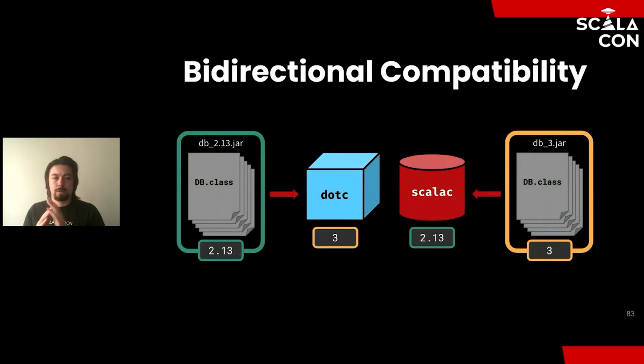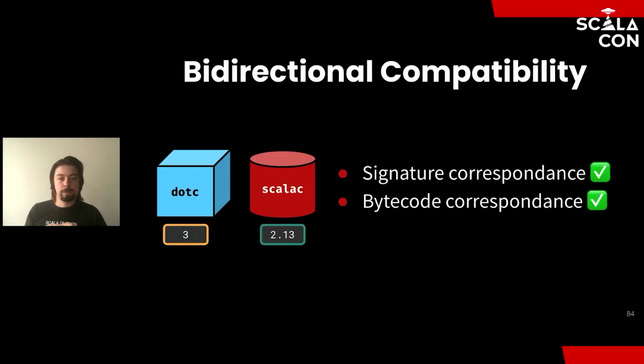This is fine because we have built knowledge of the two compilers into each other so that we can have this bidirectional compatibility. So Dotty, Scala 3, can depend on a 2.13 binary library, and Scala 2 can depend on a binary version 3 library. How is this possible? We've built in support for the signature correspondence and the bytecode correspondence, and I'll show you how that works.